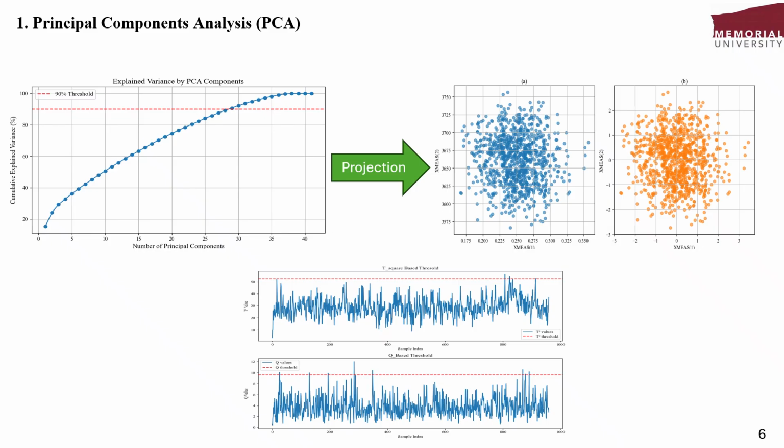As you can see in the plot at the right side, these are about the variables before and after PCA, and the below is related to the threshold of the PCA based on the metrics we have on PCA, which is T-square Hotelling and Q statistic. Any exceeds from these thresholds means a false or abnormal event has happened in the system.